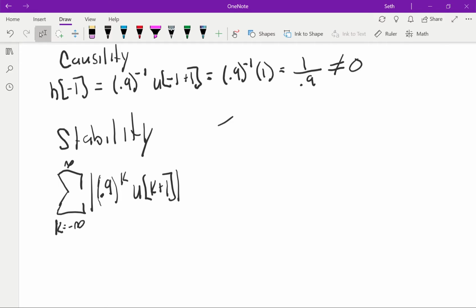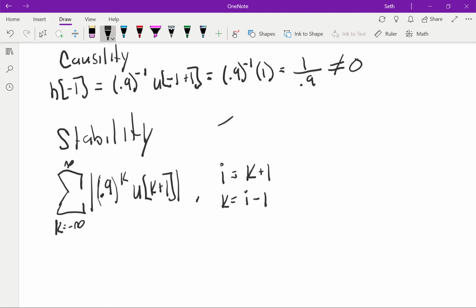So I'm going to pull a little trickery here. We're going to say that our new index i is equal to k plus 1. And that means k is equal to i minus 1.